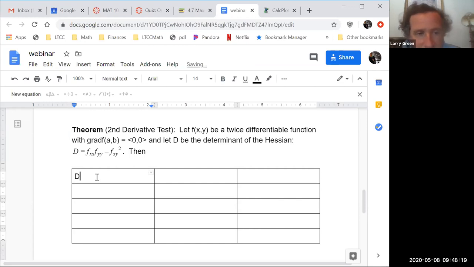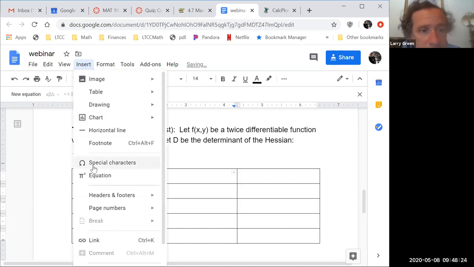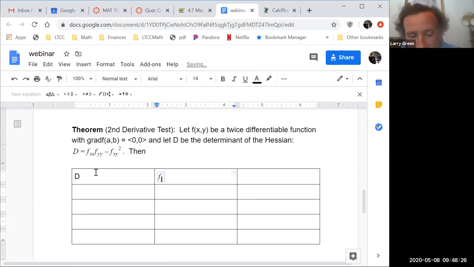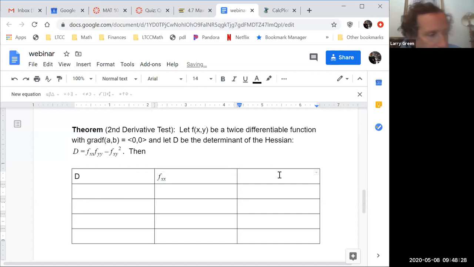So we have D, F sub XX. If D is greater than 0 and fxx is also greater than 0, so this is kind of the derivative is positive and the second derivative is positive.